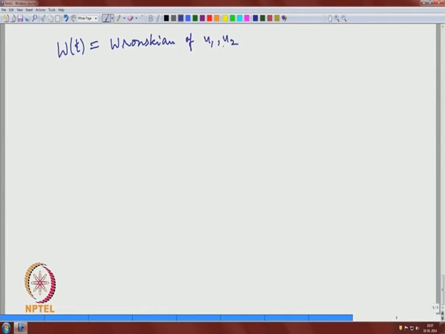And since they are linearly independent solutions of the homogeneous equation, by definition it is U1 t U2 dot t minus U1 dot t U2 t, and since they satisfy the same homogeneous equation, you can easily check that this is actually given by, so this we already did earlier for general linear systems, a constant over P t, and remember we have assumed P t is bigger than 0.